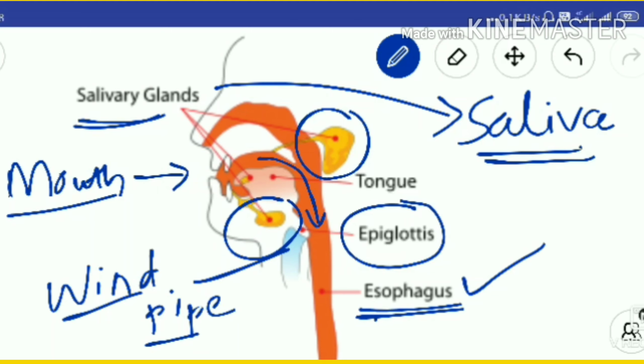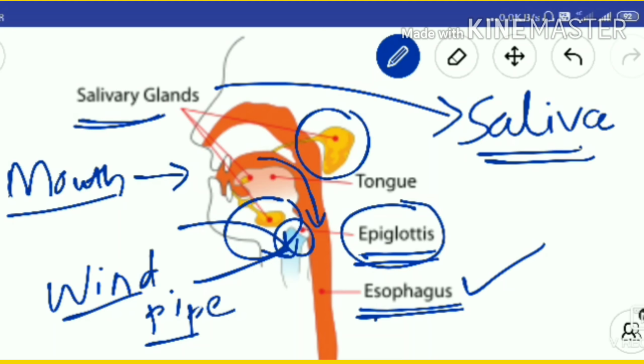When the food passes from the mouth to the esophagus, this epiglottis covers the opening of the windpipe, so that the food can enter into the esophagus. Similarly, when the air enters into the windpipe, this epiglottis covers the esophagus or the food pipe. Are you clear? So that is epiglottis.